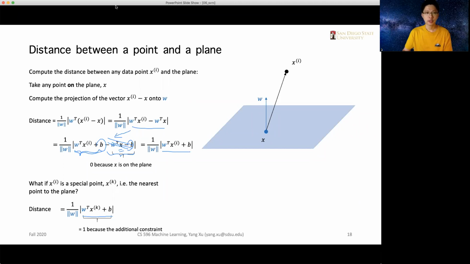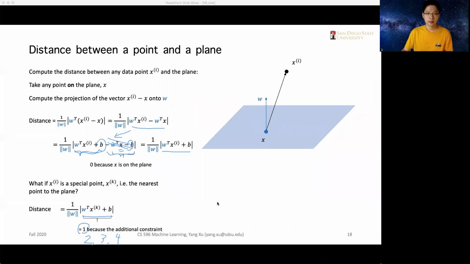Of course, this 1 is also an arbitrary choice. We can always choose 2 or 3 or 4 or any value as long as it is a constant number that we set. Okay, so we use a constant as a constraint so that the expressions are fixed. It doesn't really matter which number we use, but we use 1 for simplicity.